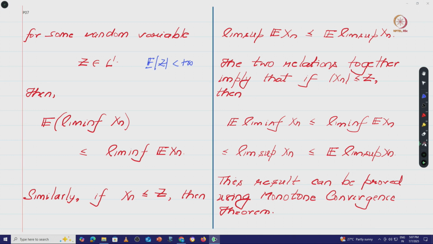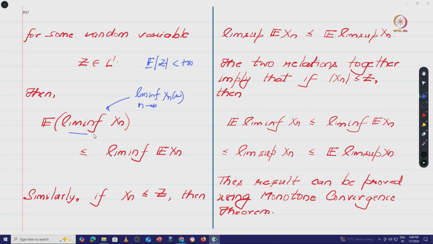If such a random variable exists, then one can conclude that the expected value of the lim inf of xn is less than or equal to the lim inf of the expected value of xn. Notice that lim inf over here is applied on xn, which basically means this is the random variable which, on sample point omega, is the lim inf of xn of omega.